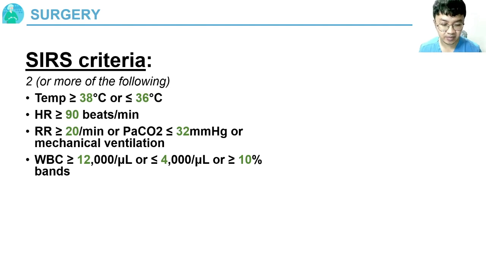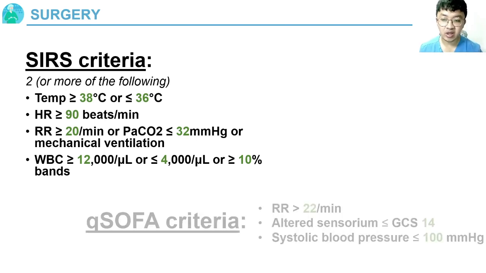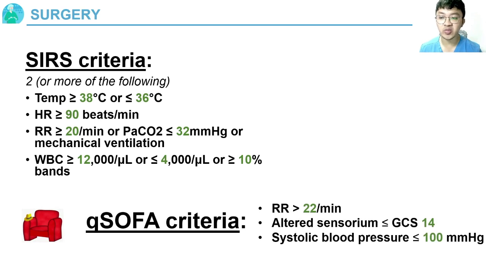Now, the SIRS criteria is actually the classic and older criteria in defining the different types of infection, of sepsis. We've more recently moved to your Sepsis-3 guidelines, which use your SOFA criteria. Your SOFA criteria is a bit cumbersome because it requires the patient to undergo laboratories. However, in the field, just to triage and prognosticate which patients are at risk for deterioration from sepsis and which patients to admit, we have the qSOFA criteria with our mnemonic HAT.